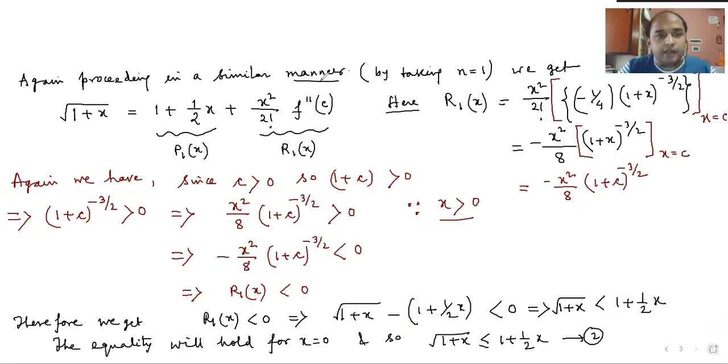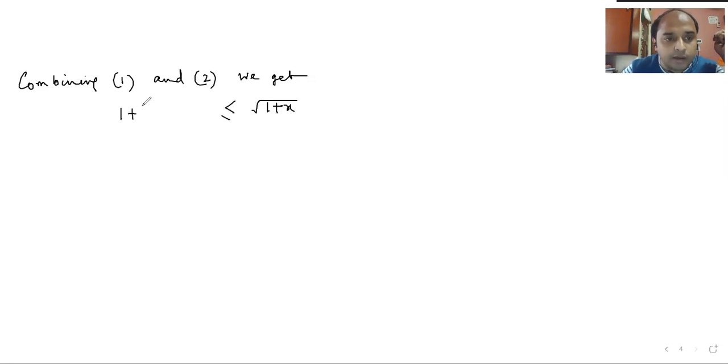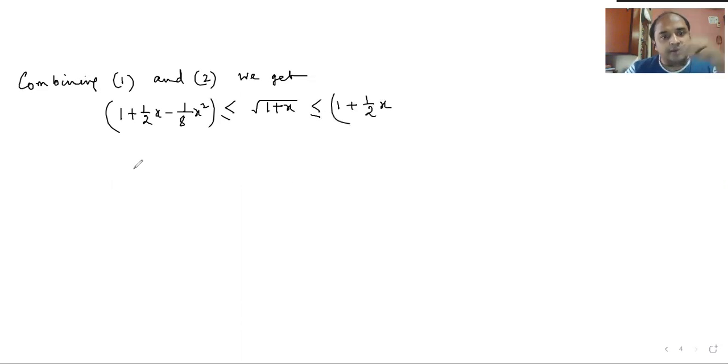So combining 1 and 2, we get 1 plus x under square root is a number which lies between 1 plus half x minus 1 by 8 x square and 1 plus half x.